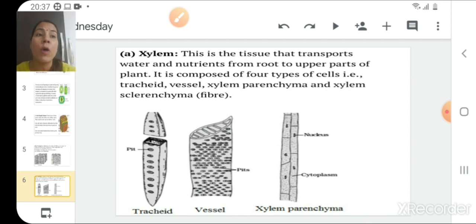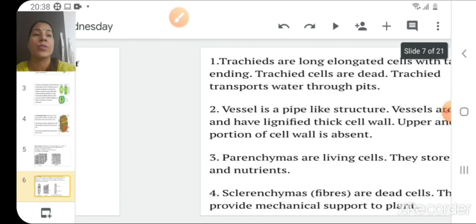It is composed of four types of cells, which are tracheids, vessels, xylem parenchyma and xylem fibers, which are shown here as sclerenchyma also. So here in this slide you can clearly see the picture of tracheids, vessel and xylem parenchyma. Xylem fibers are actually dead fibers, which are basically made up of sclerenchymatous tissues.